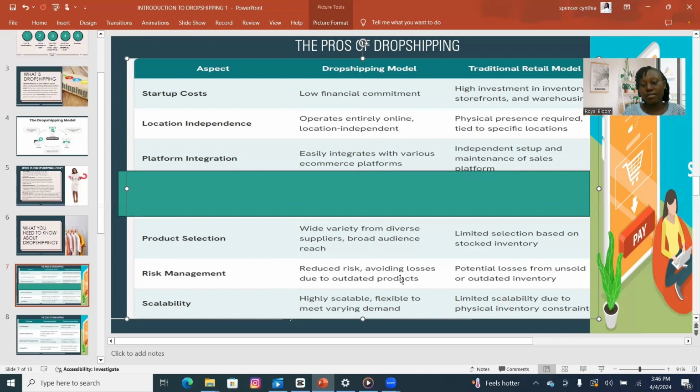Now, let me give us an instance. A supplier, for instance, buys patterns of shoes for a particular design, and let's use Nigeria as a case study. You see shoes of size 37 to size 42 for ladies' slippers. I'm going to use that so that you can understand very well. Now, this supplier will buy a pattern of that design. For instance, there are 36 pieces in that carton.